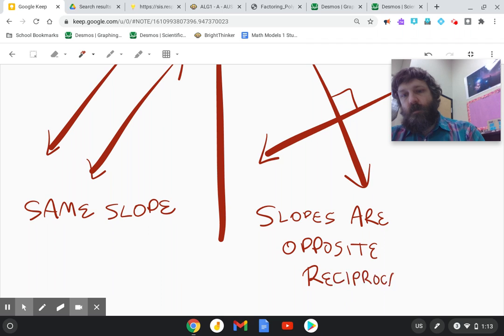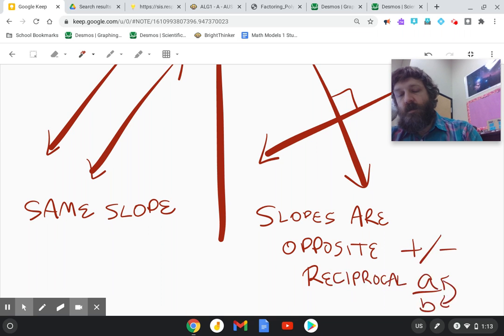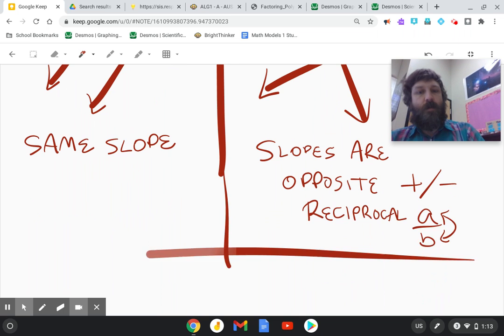Opposite means that one is positive and one is negative, and reciprocal means that if it's a fraction or a whole number, you need to flip that fraction. So we'll talk about examples of these here in a minute.